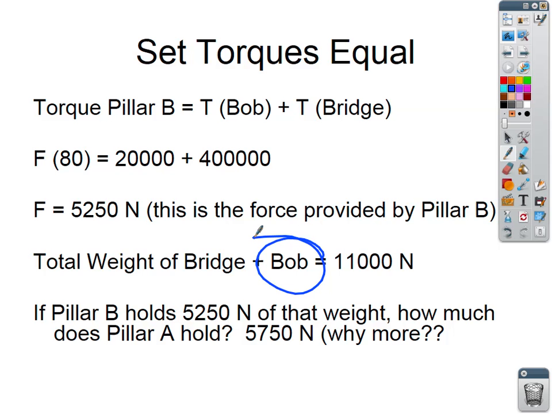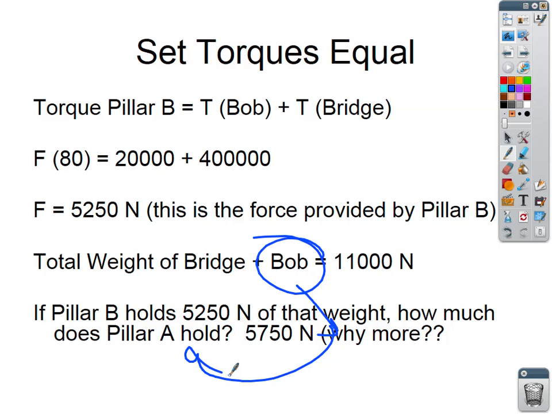Where is Bob? Bob is closer to pillar A than B. And so the center of mass of the Bob-bridge system is slightly pushed over toward pillar A, which means pillar A is applying a greater force. Not torque, a greater force at this time.